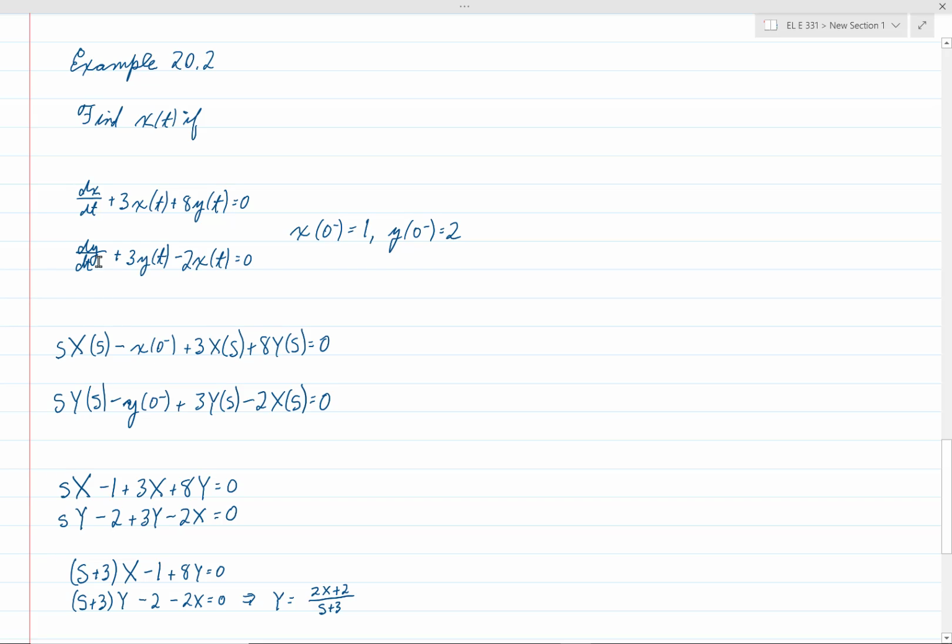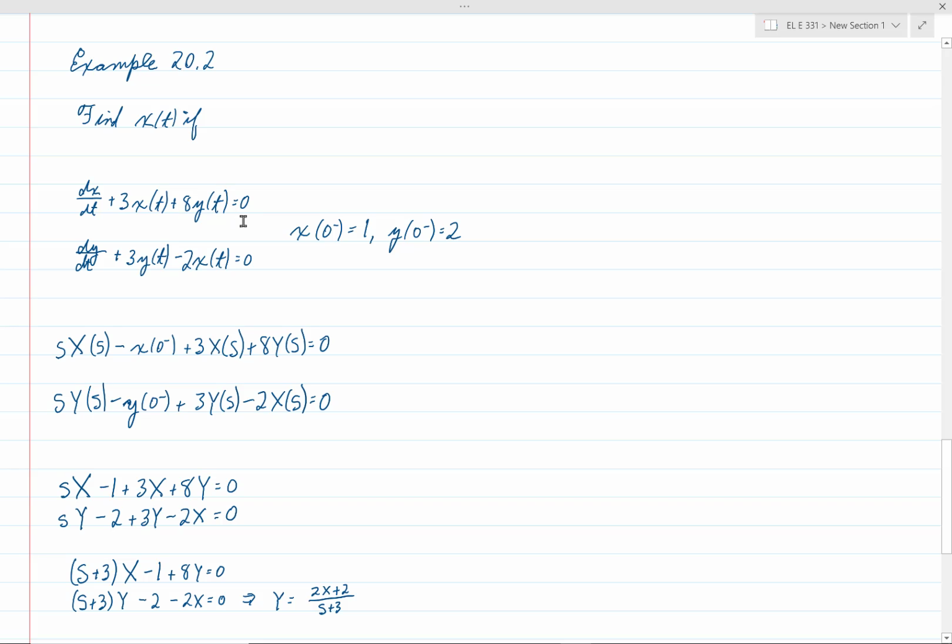So that's going to apply both in the first equation when we take the Laplace transform of the derivative of x, and it's also going to be applicable in the second equation when we take the Laplace transform of the derivative of y. So you can see that these first two terms here are just like the first two terms up here, except we have y instead of x. And then the rest of this is pretty straightforward. The Laplace transform of 3x of t is 3x of s.